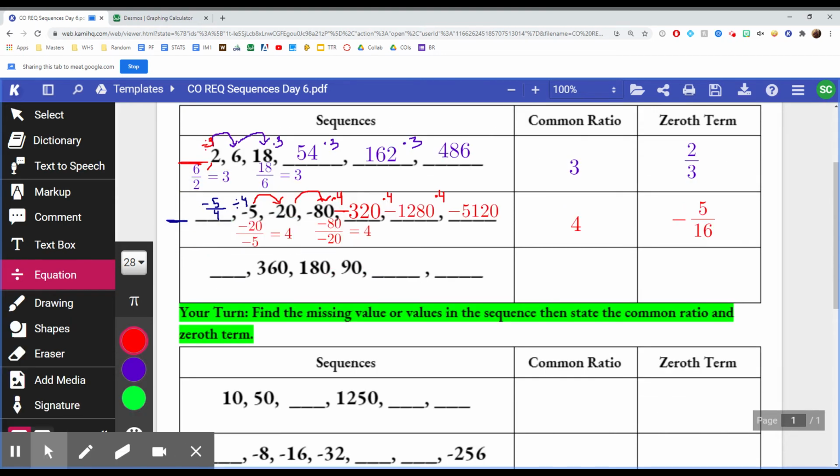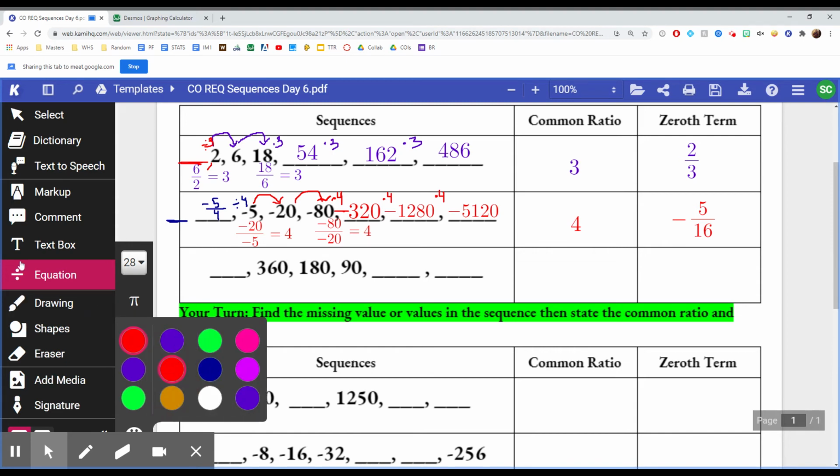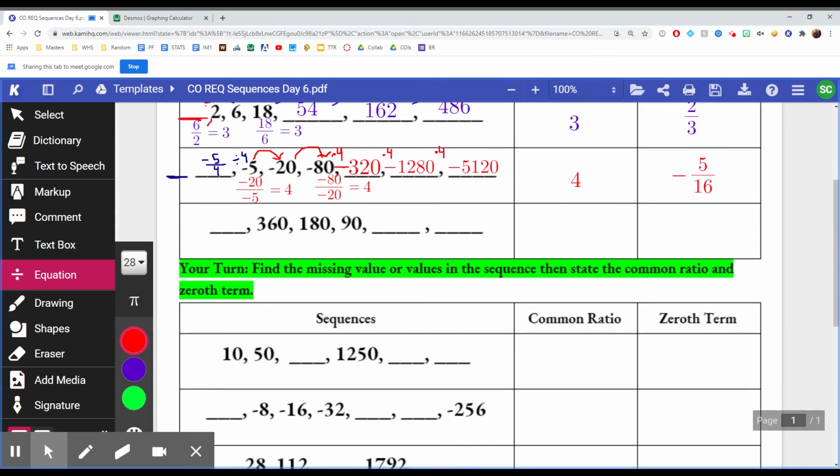And on example number 3, we start with blank. So our first term is missing again. 360, 180, 90, blank, and a blank. Okay, so here we're going to again determine what we are doing to go from 360 to 180.